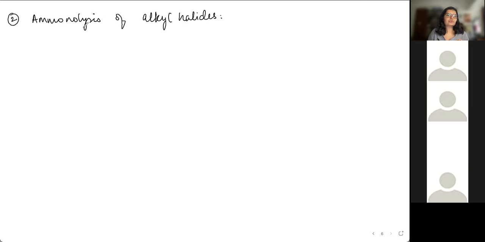Abhi ho raha hai ammonolysis. So as the name states, you get a hint that ammonia is the one that's attacking an alkyl halide, so RX. Okay. So this reaction is done at 373 Kelvin, high temperature in a sealed tube.